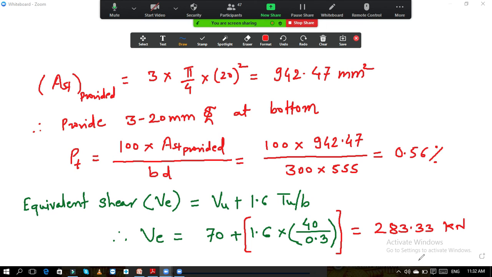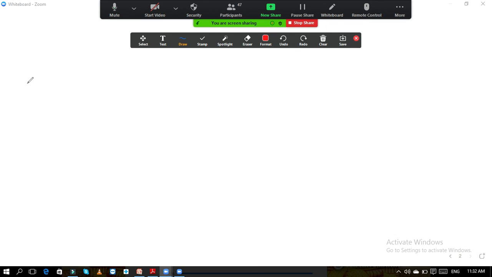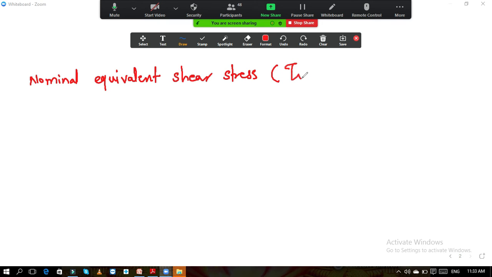283.33. That is equivalent shear. Now calculate the equivalent nominal shear stress, or nominal equivalent shear stress. So tau VE is equal to VE divided by BD.